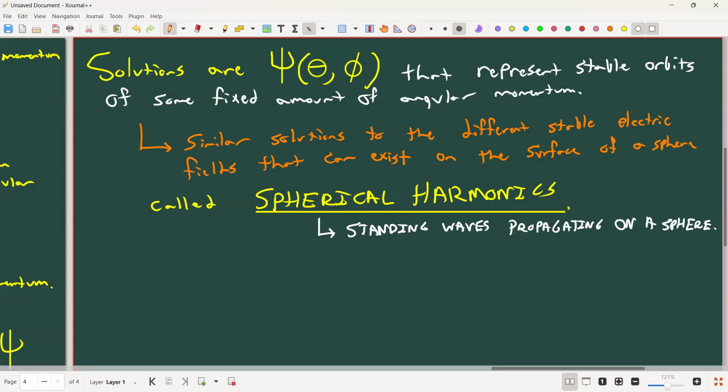And of course, the difference is that a harmonic oscillator is vibrating and its distance is changing. So the spherical harmonics are exactly the same thing because R is fixed, but the solutions will look like oscillations. They'll look like waves propagating on a spherical surface. That sounds very quantum mechanical to me. So let's look at the solutions to these.